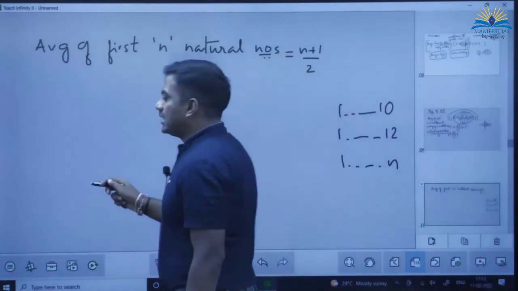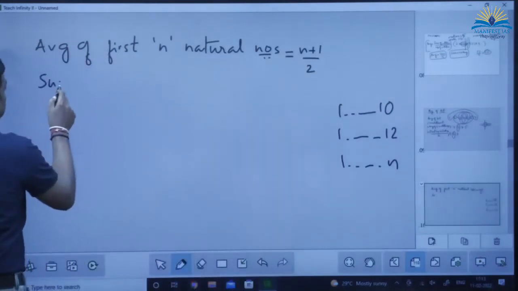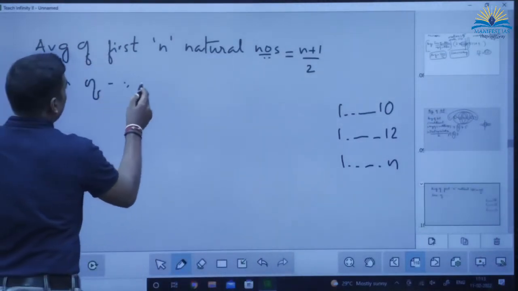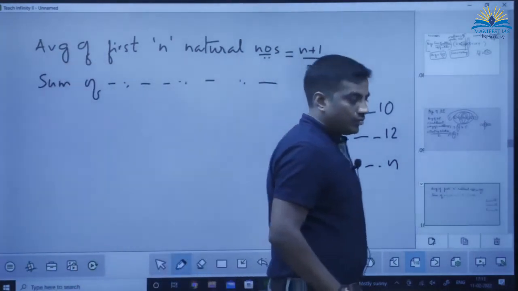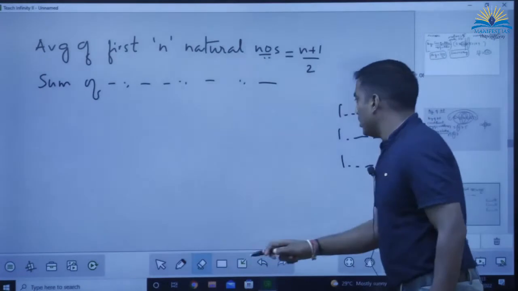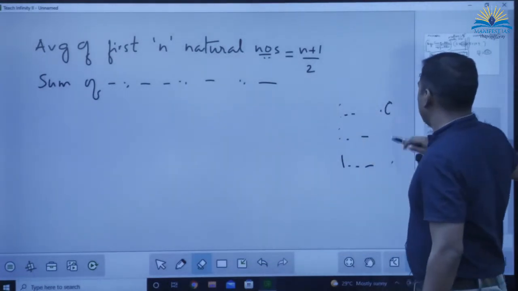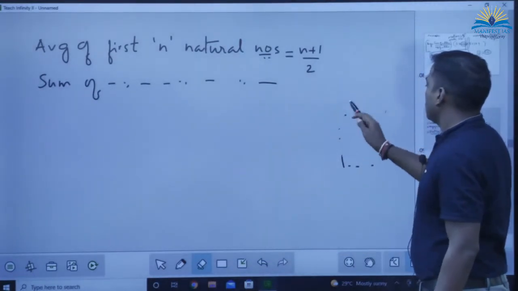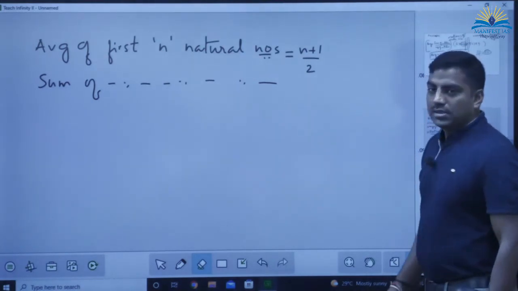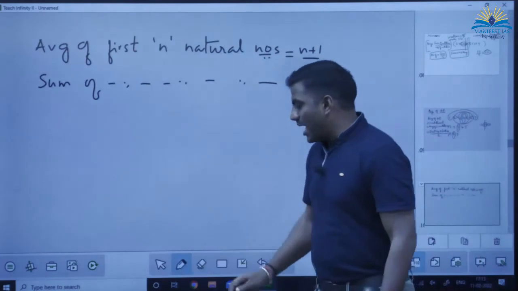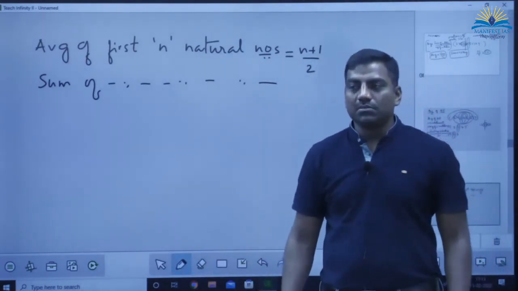Now, with this, I want to find the sum of first n natural numbers. From the average, how do you find the sum?